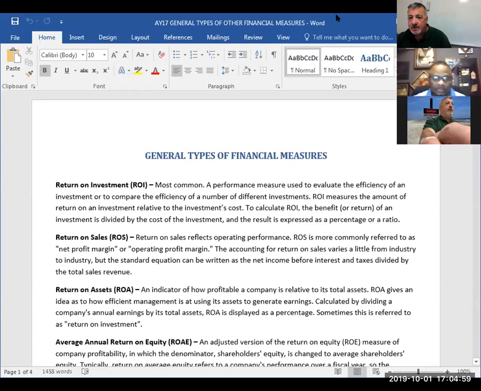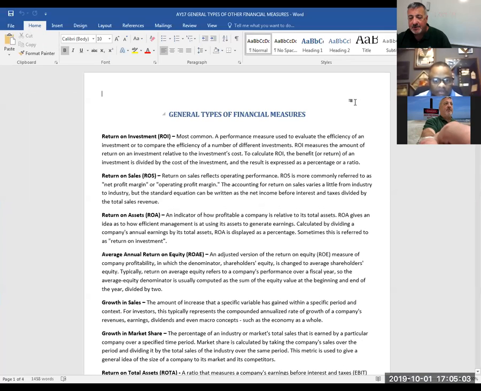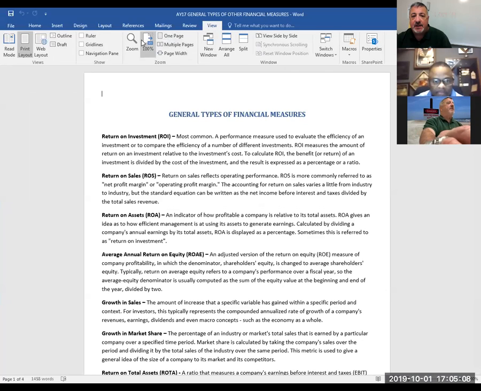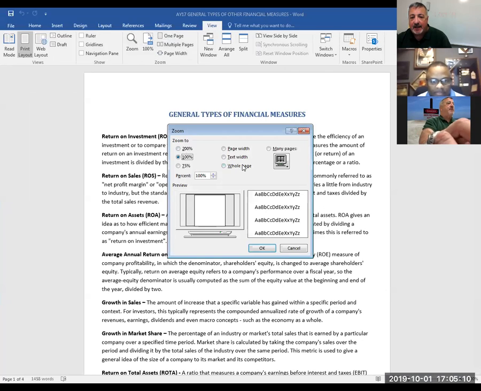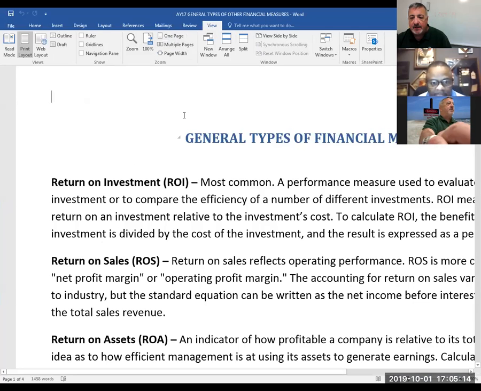All right, you should be seeing a document that says general types of financial measures. Yes. All right, so it's probably a little tough to see, so I'll see if I can zoom in a tad. I can see it pretty good. All right, that's really good now.